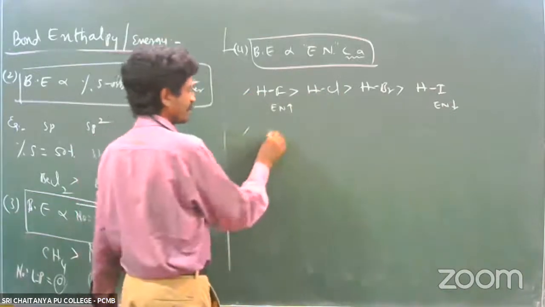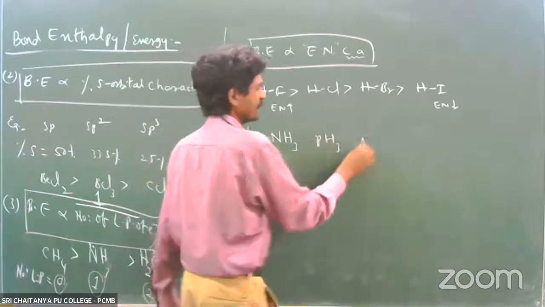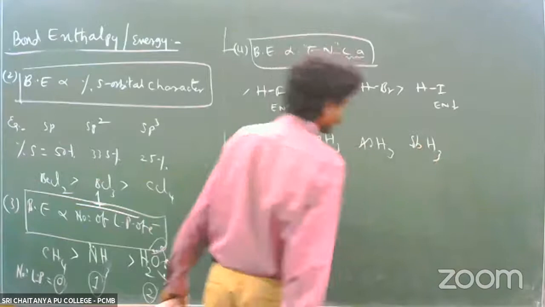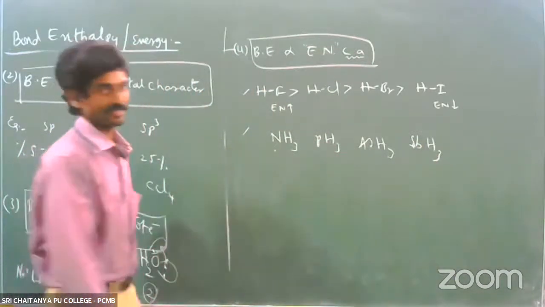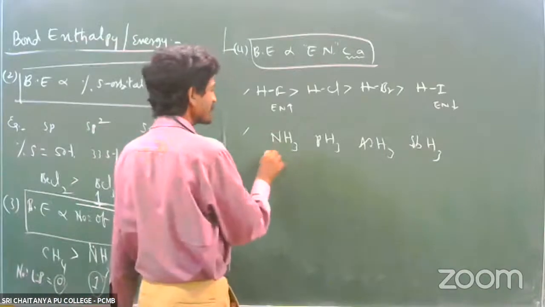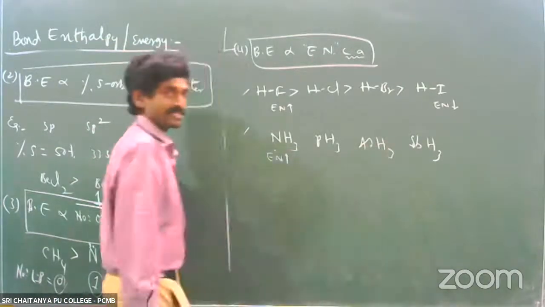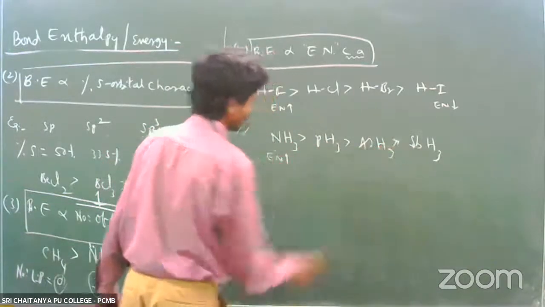Next, one more example. We take NH3, PH3, AsH3, SbH3. All belong to group 15 hydrides. Here the electronegativity of nitrogen is very high, then it decreases down the group. That's why it is very high for NH3 and very low for SbH3.